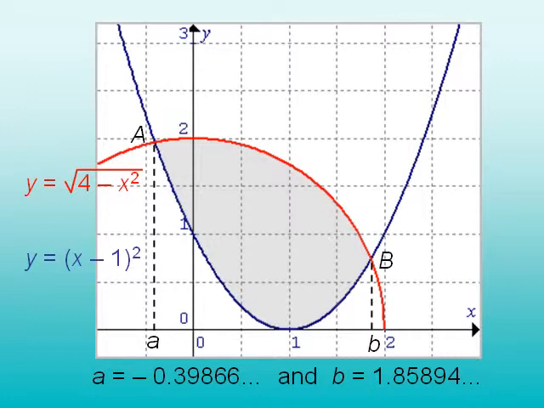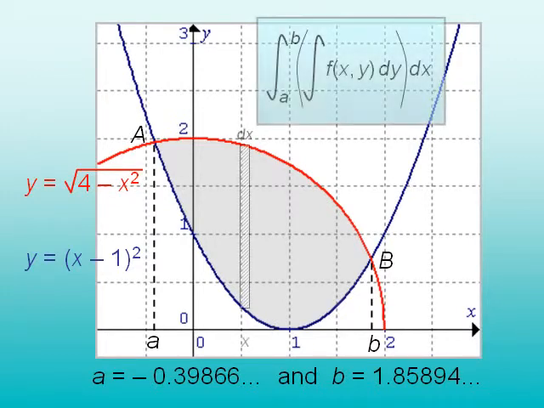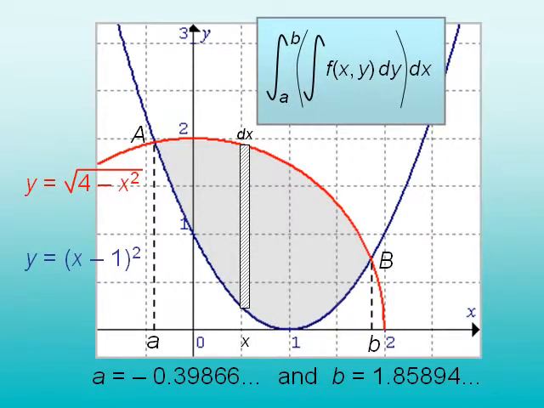So if we choose x first, then our outer integral will have limits of integration from x equals a to x equals b. And we have this much so far. Having chosen x, we must now choose y, and this choice depends on our choice for x. We are going to add little rectangles of height dy on the dx strip.